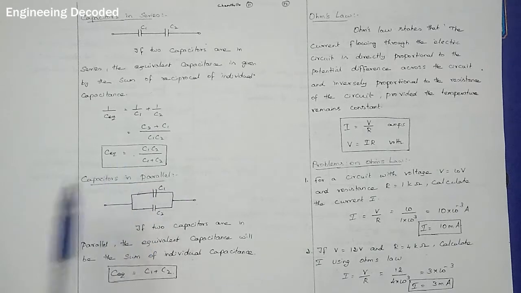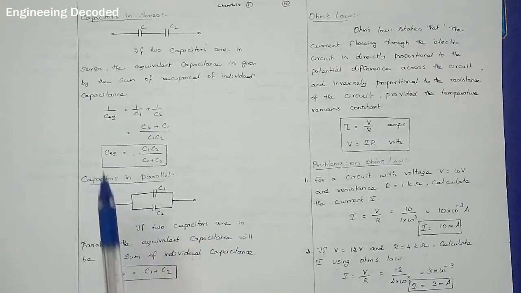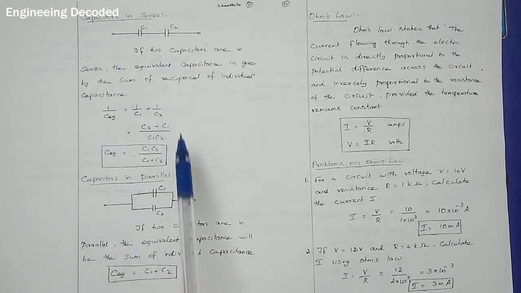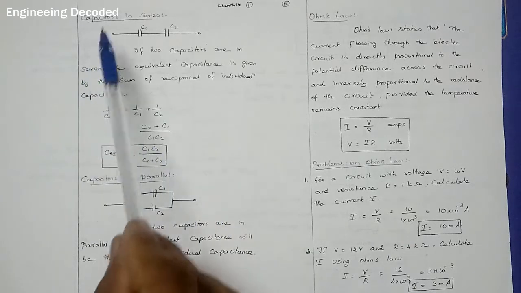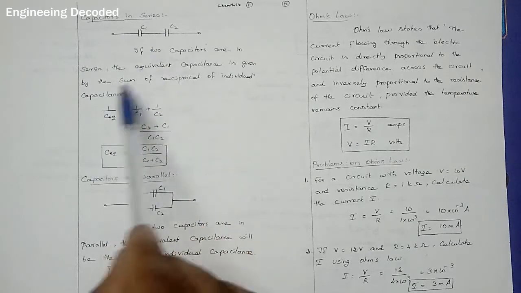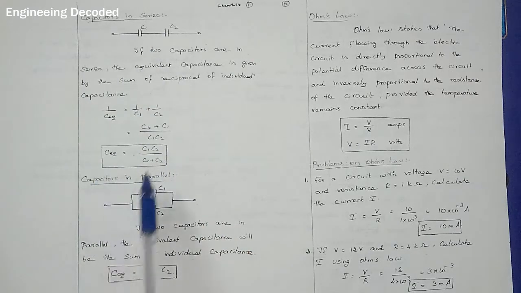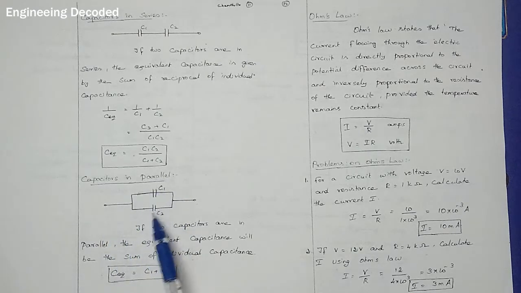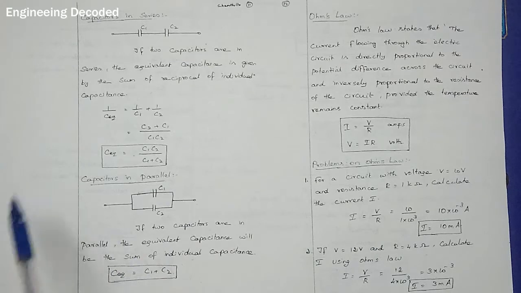In the case of inductors and resistors, if two are in series, you can simply add them. But in the case of capacitors, you have to perform this. Then if two capacitors are in parallel, you add them. So it is just the inverse of what you have seen for resistors and inductors.